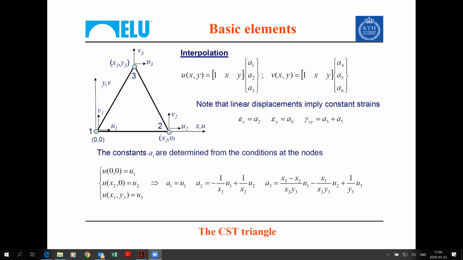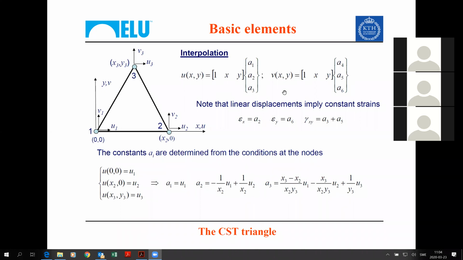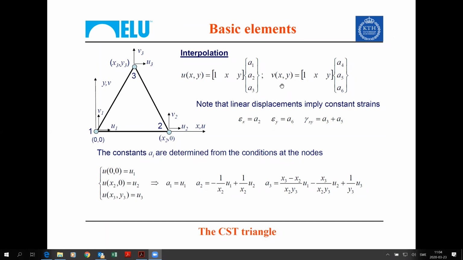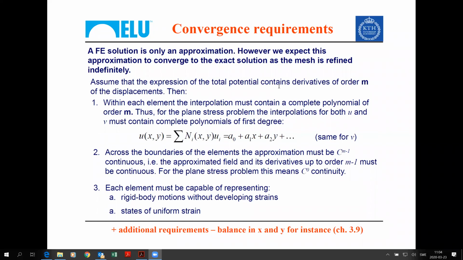So we will not use shape functions. The only thing that I wanted to point out here is that u and v are both first order polynomials in x and y. Okay. The other questions?